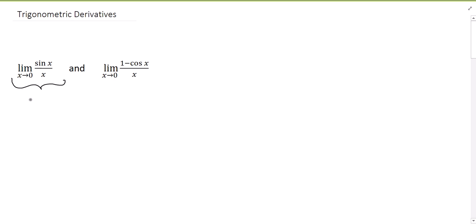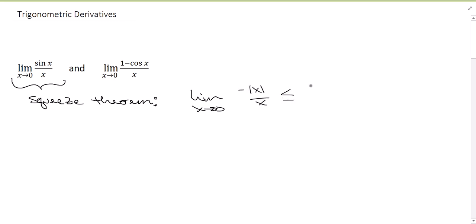Back when we did the section on the squeeze theorem, if you can go back and look at that video also, the squeeze theorem allowed us to say that as x goes to 0, negative absolute value of x over x is less than sine x over x, which is less than or equal to the absolute value of x over x.